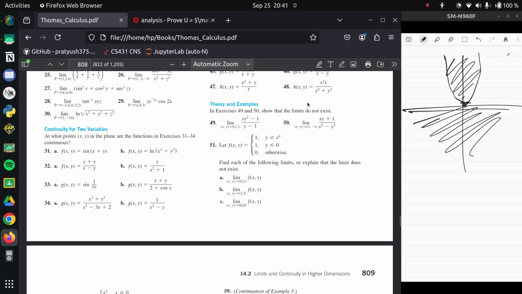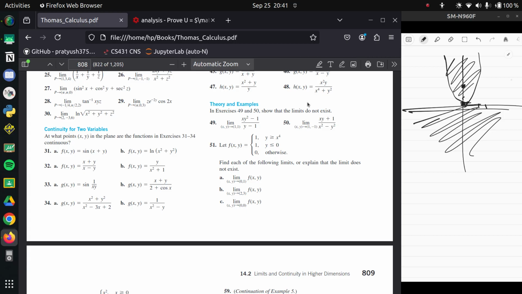So find each of the following limits or explain the limit does not exist. First, (x, y) tends to (0, 1). (0, 1) is a point that is here. So around this, the whole region is just 1, so it's going to be 1. As it approaches (2, 3), what is (2, 3) like?